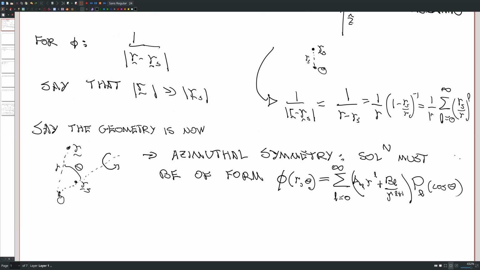If I had spherical symmetry, I could choose any rotation axis and rotate by any angle I want on that axis. So here, if I choose my axis along here, it's cool because the position of the charge doesn't change. However, if I choose this axis, then I rotate and the position of the charge changes.